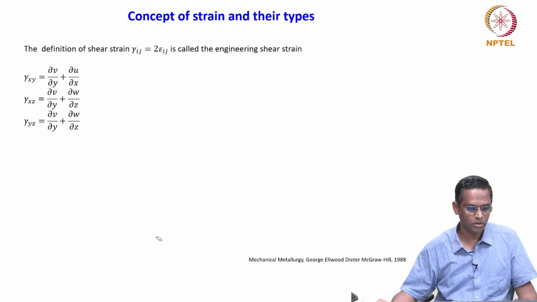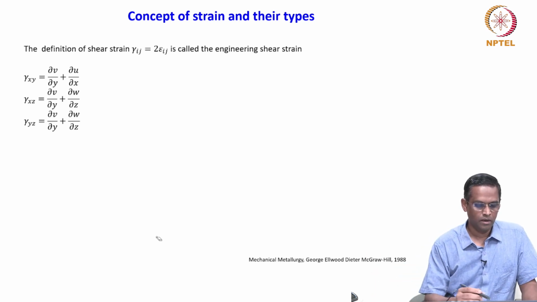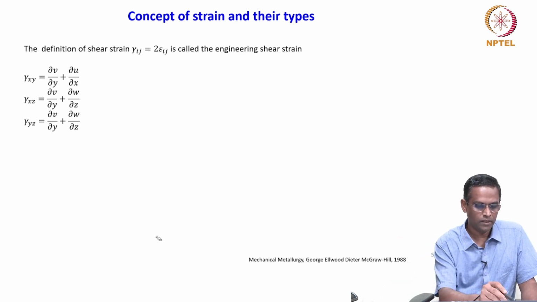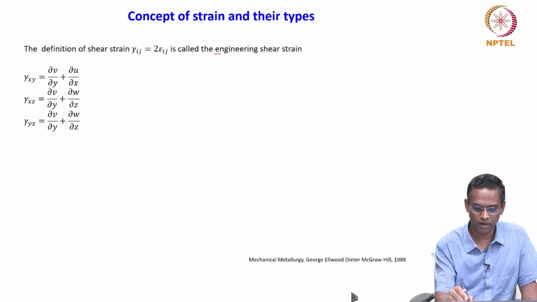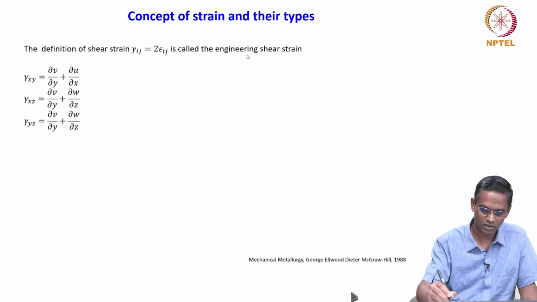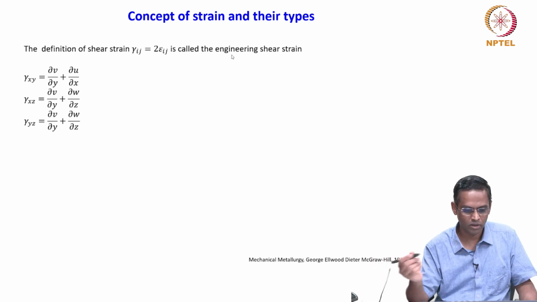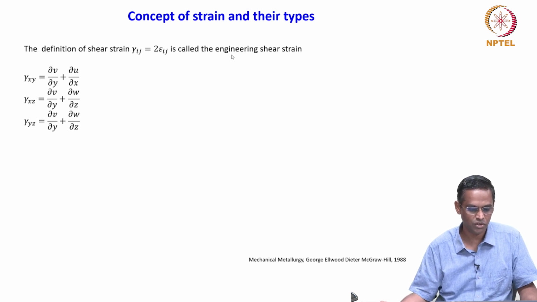So that is about the total strain. But now we talk about the definition of shear strain, which is gamma ij is equal to 2 times epsilon ij, called engineering shear strain. Okay, so we will get into the details of this as we proceed, but let us now see this engineering definition of shear strain.